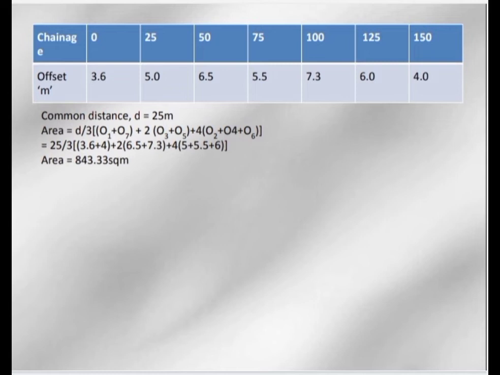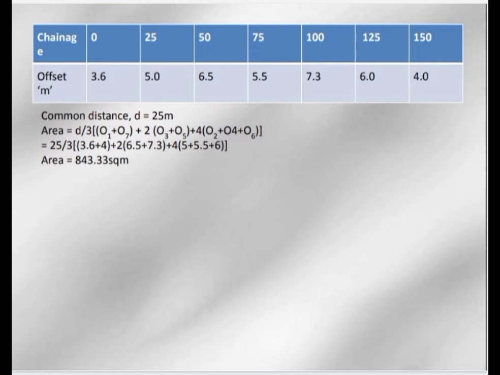Is equal to 25 over 3, open parenthesis, 3.6 plus 4 plus 2, open parenthesis, 6.5 plus 7.3 close parenthesis, plus 4, open parenthesis, 5 plus 5.5 plus 6 close parenthesis. So in all, the total area is 843.33 square meters.